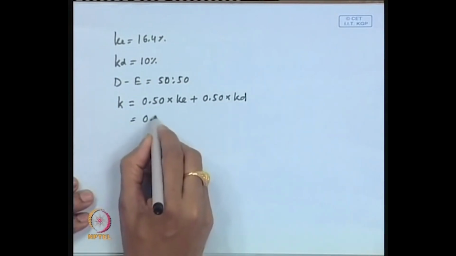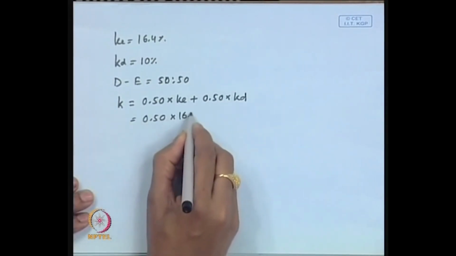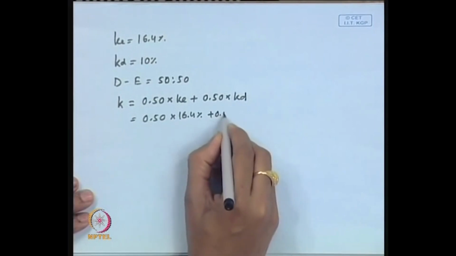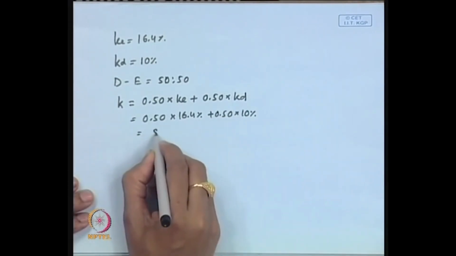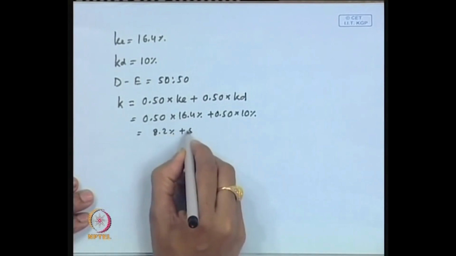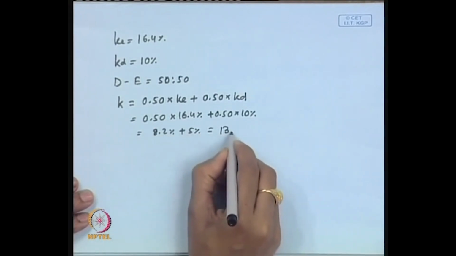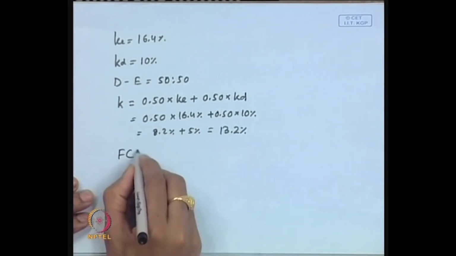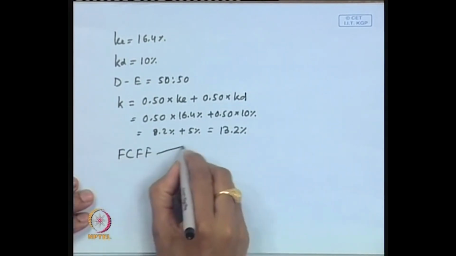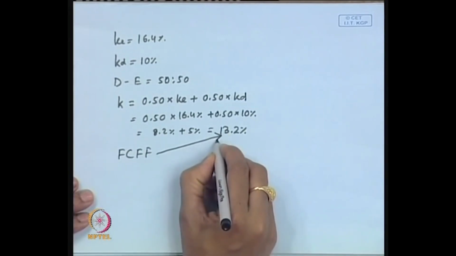So, that gives us 0.50 into 16.4% plus 0.50 into 10%, which is 8.2% plus 5%, that gives now 13.2%.